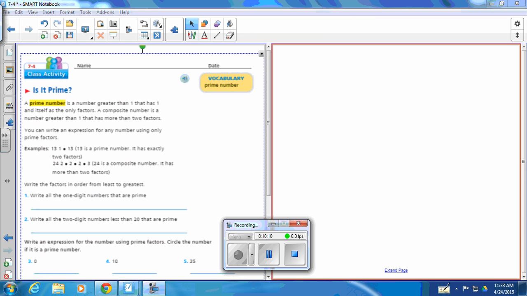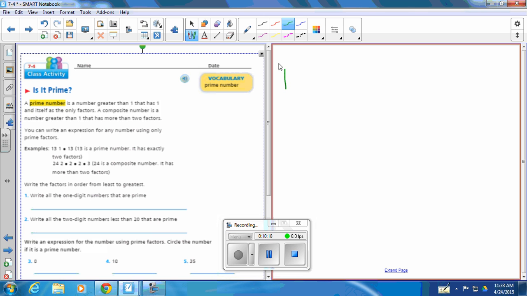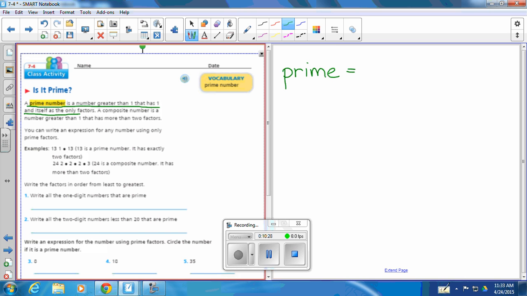Looking at page 248, here's another way to look at corresponding terms. We're looking at prime and composite numbers. So first, let's identify what a prime number is. It tells us right here a prime number is a number greater than 1 that has 1 and itself as the only factors.